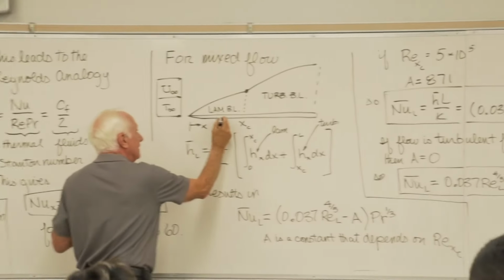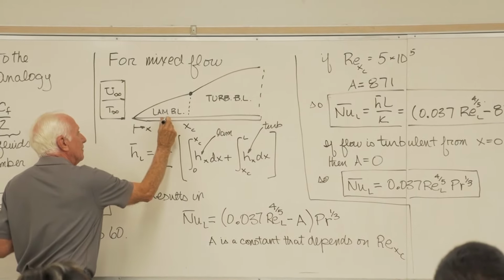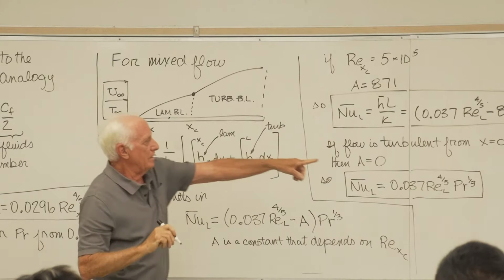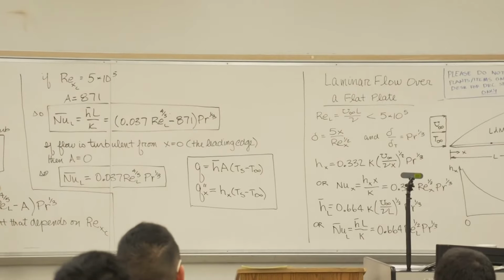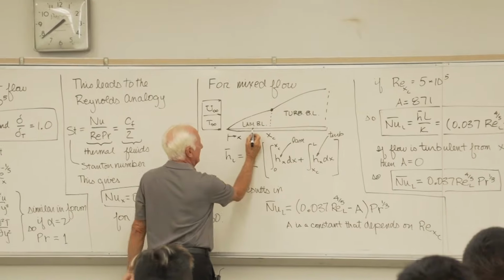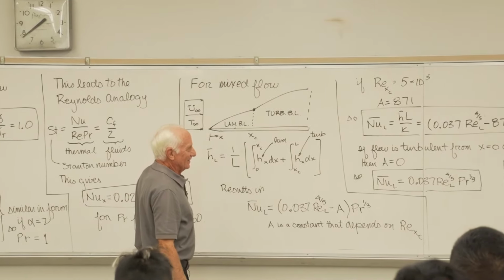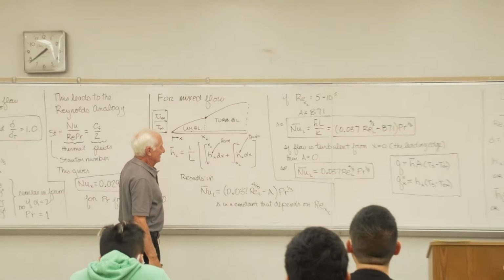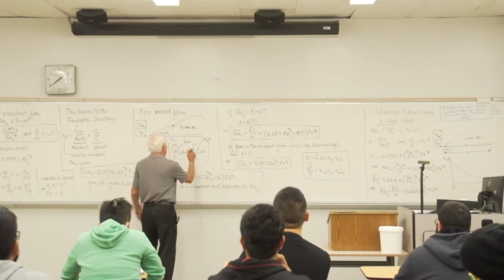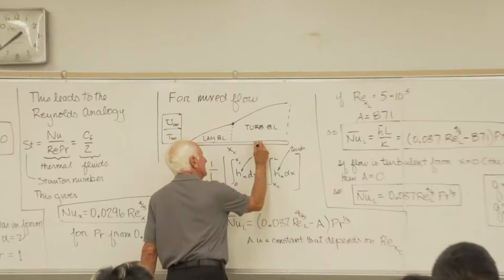If I want to find the heat flux at that little point, I go over there, and for X, I put in that point right there, that X value. Okay. Turbulent boundary layer, if I say, what's the local heat flux right here?